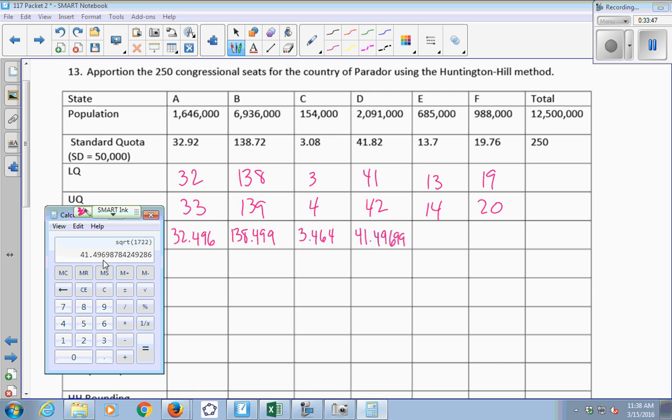I didn't want to round the third decimal place because I might have to compare it. All right, 13 times 14 square root, and I get 13.4907. All right, one more, 19 times 20 square root.